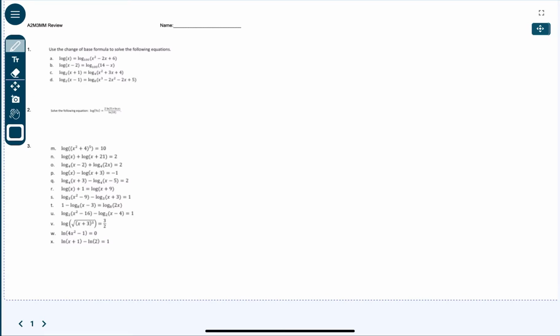Okay, we've got a problem here because the left side is log base 2, but the right side is log base 4. So we're going to work on that right side to begin with. So let's just rewrite this.